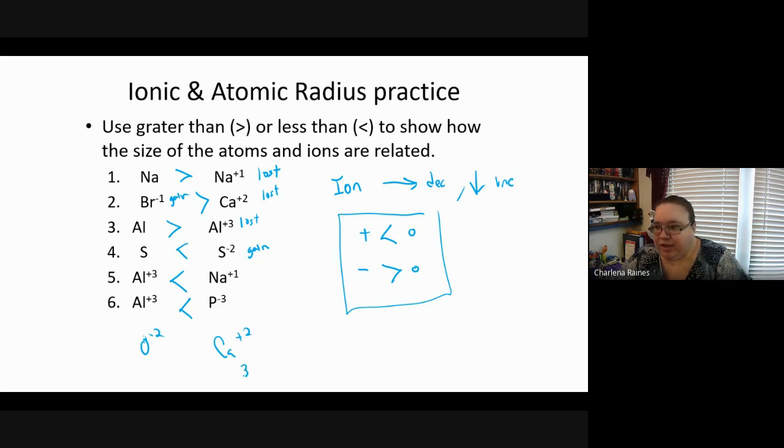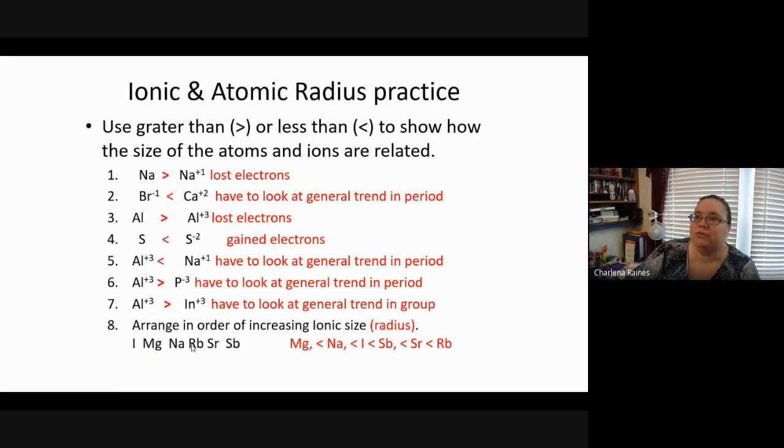So it has 3 energy levels worth of electrons. Oxygen lives in the 2nd period. It has filled it up. It's got 2 energy levels or 2 shells worth of electrons. Well, calcium is definitely significantly larger than oxygen. So that placement on the table for your ionic radius makes a huge difference.